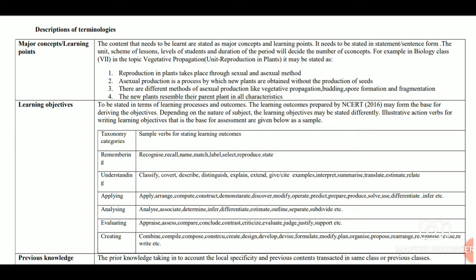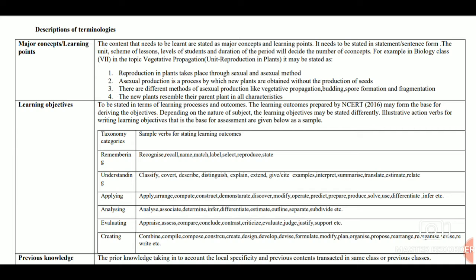For major concepts or the learning points, we need to state the main concepts of the particular chapter or the particular content that we are going to transact in that particular period, in that particular class, in simple sentences or simple statements.